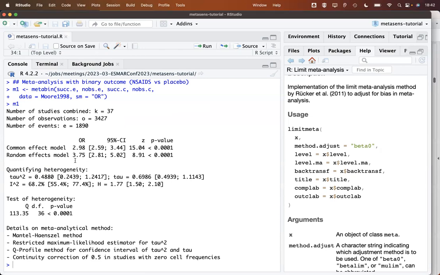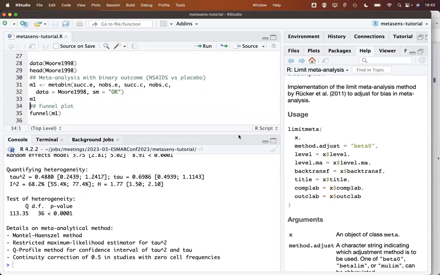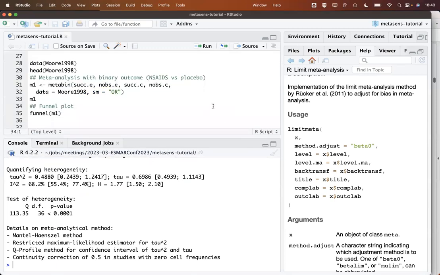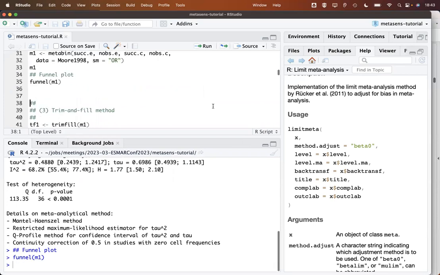And this is due to smaller studies having different, larger treatment effects than the more precise studies. And we see here is quite some heterogeneity in these 37 studies. The tau squared estimate is here about 0.49. We come back to this if we look at some other methods later.